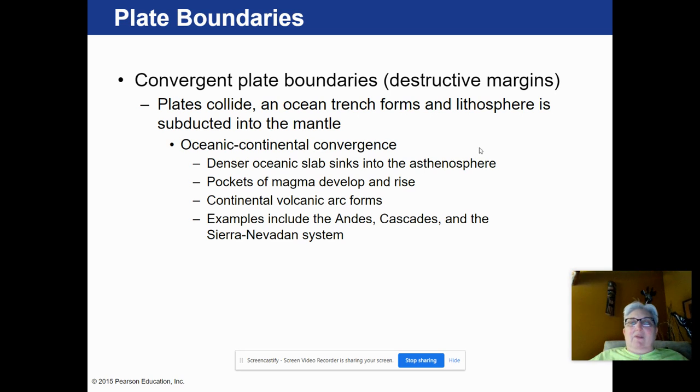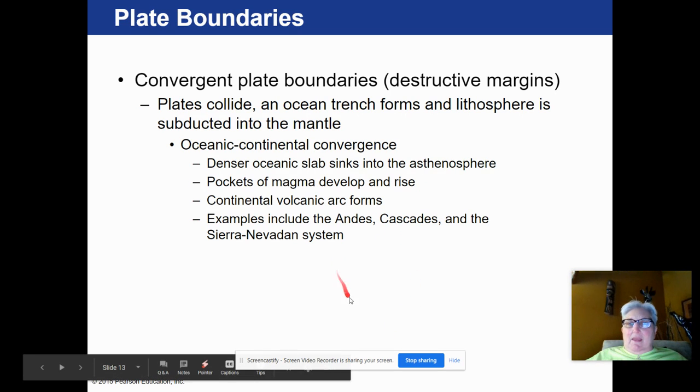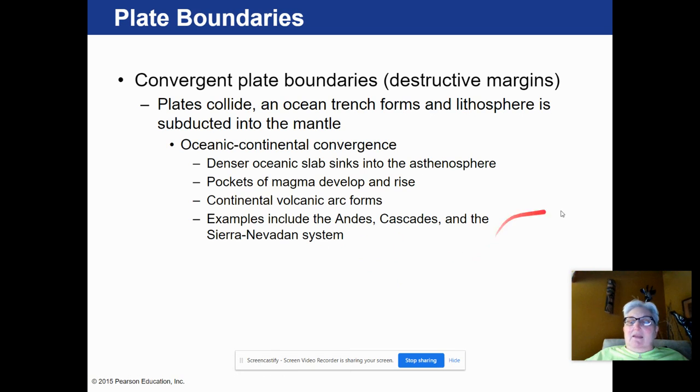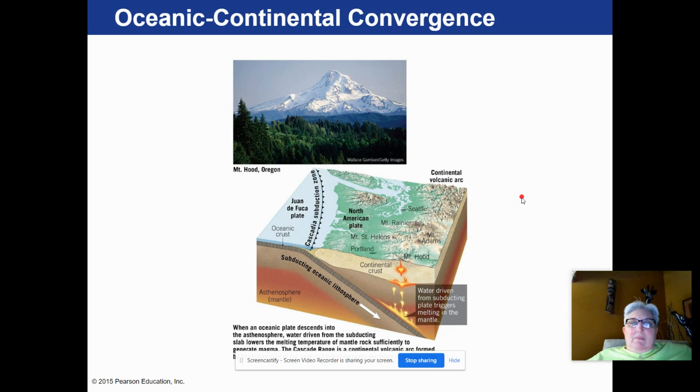And that is how we formed the mountains that we see, the Rocky Mountains, the Andes, the Cascades. All of those types of mountains were formed from the movement. The Himalayas, for example, is another one, from the movement along plate boundaries.